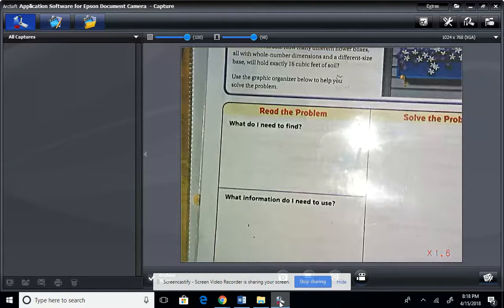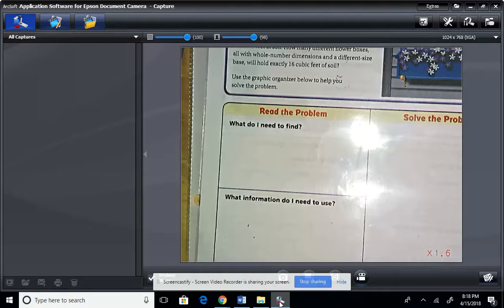Okay, Mrs. Wilton is planning a rectangular flower box for her front window. She wants the flower box to hold exactly 16 cubic feet of soil. How many different flower boxes, all with the whole number dimensions and the different size base, would hold exactly 16 cubic inches?